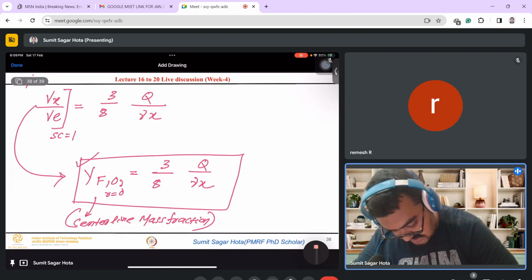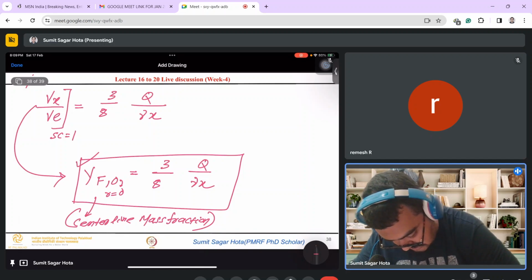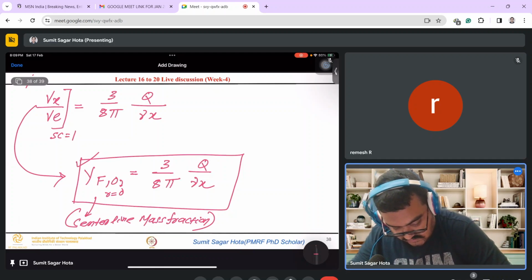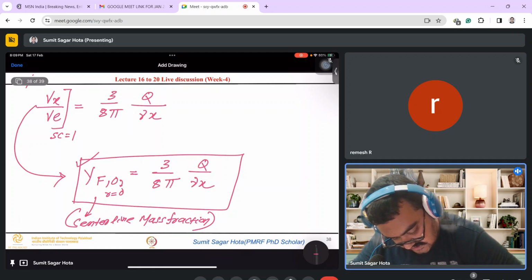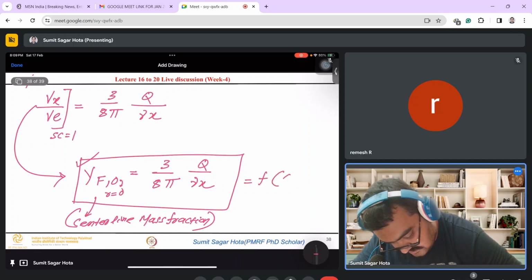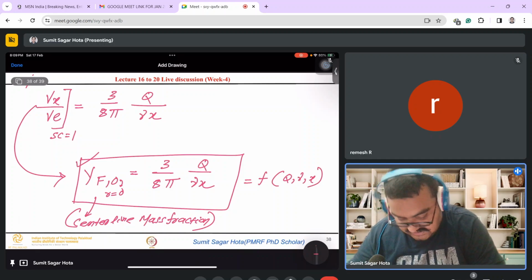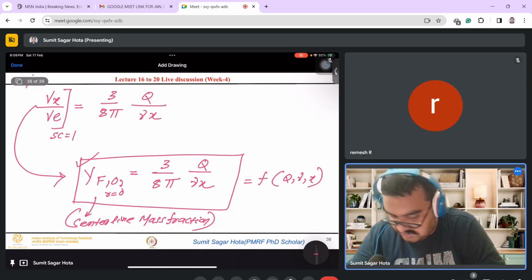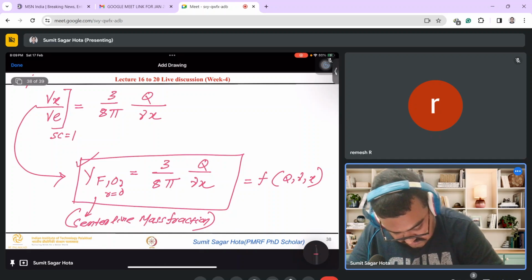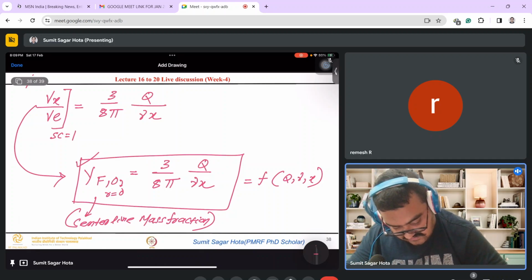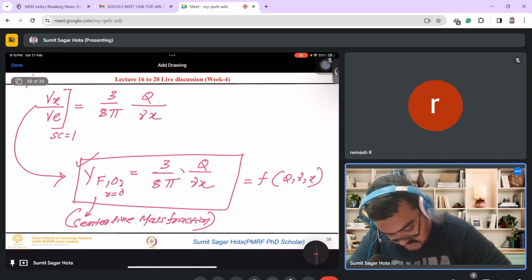Mu already got cancelled and converted into nu. So the expression is free from mu and only depends on three things: a function of Q, nu, and x. That is your position in the x direction, your discharge, and your kinematic viscosity. The center line mass fraction. This is a very important formula. All these values will be given, and they will ask you for the value of the center line mass fraction.